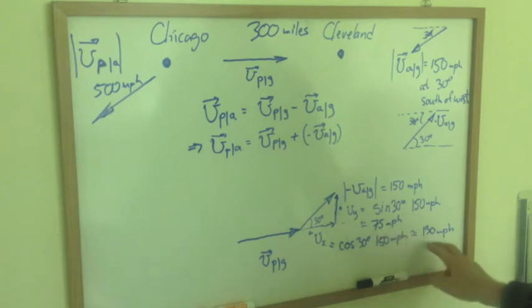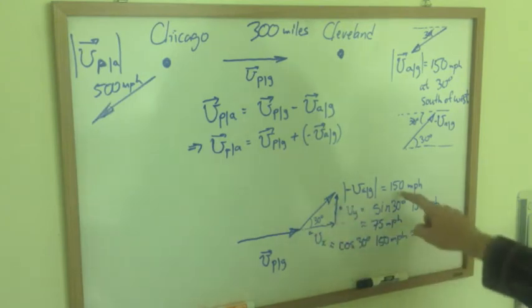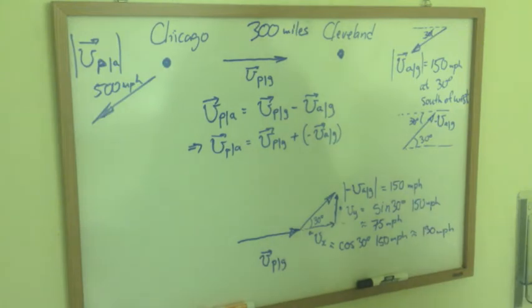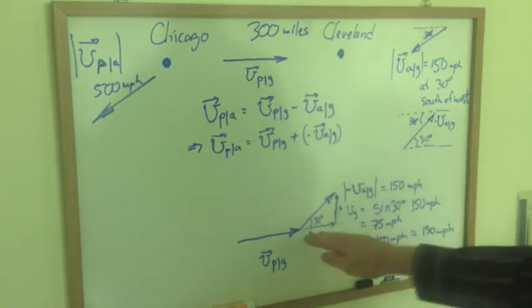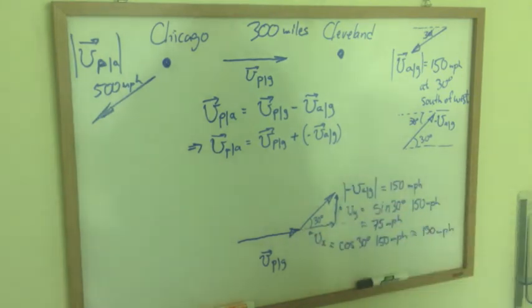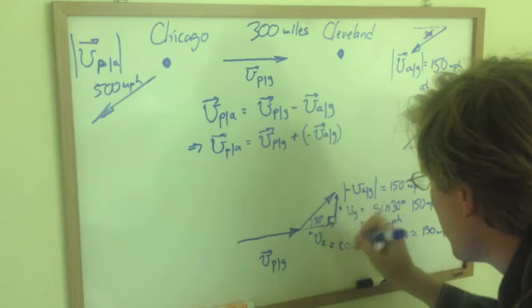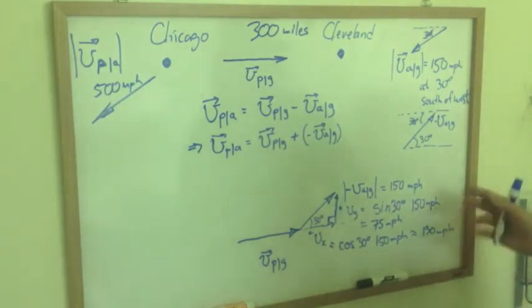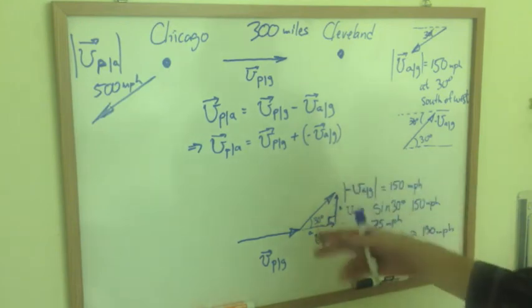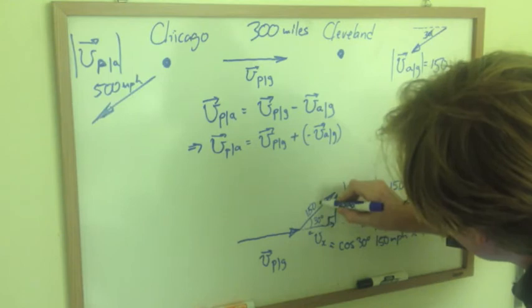Notice that 130 plus 75 is well over 150. This wind blowing at an angle blows in both directions, horizontally and vertically, and the magnitudes are related geometrically: a squared plus b squared equals c squared, not naively, where you just add them up like scalars.